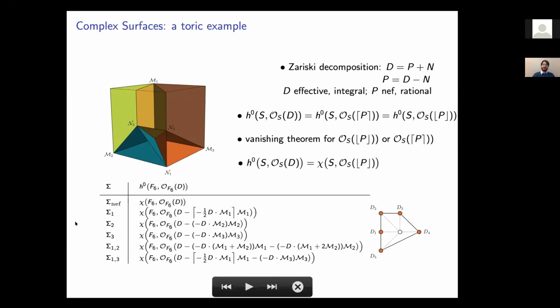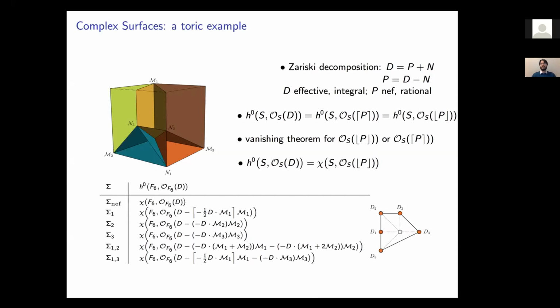So I gave here just to show you how they look. In each region, H0 is equal to the Euler characteristic of some bundle. So this may look complicated, but it's really trivial. Everything is in terms of intersections of divisors, which can be computed explicitly.